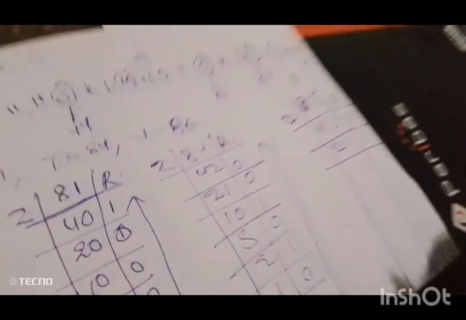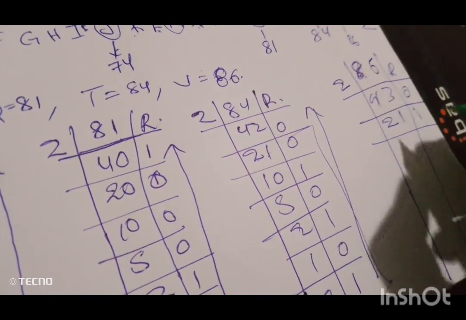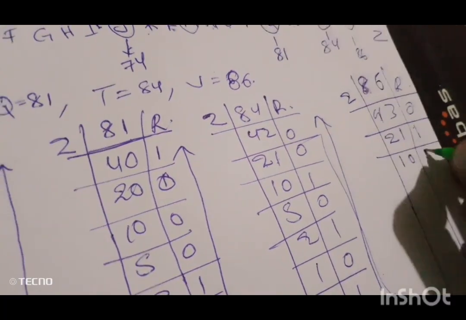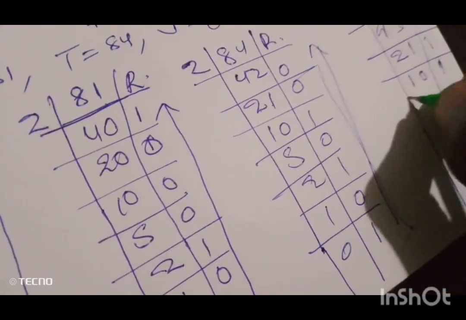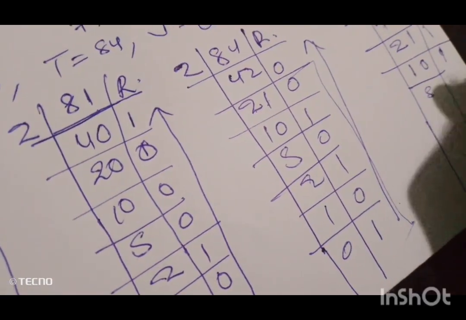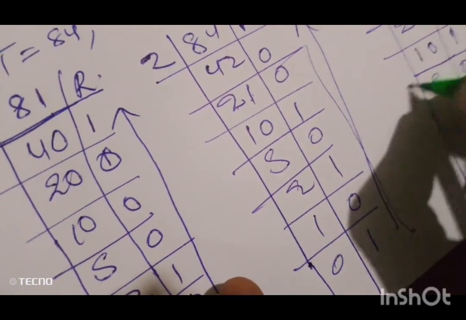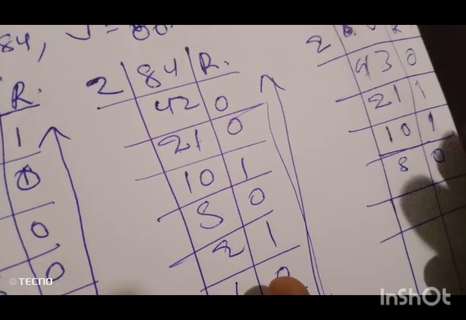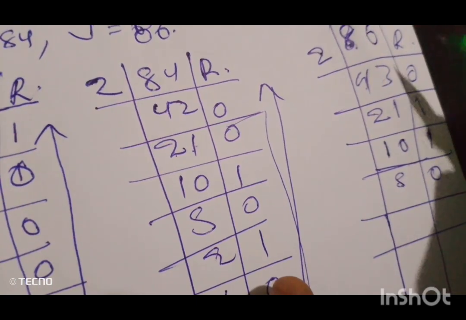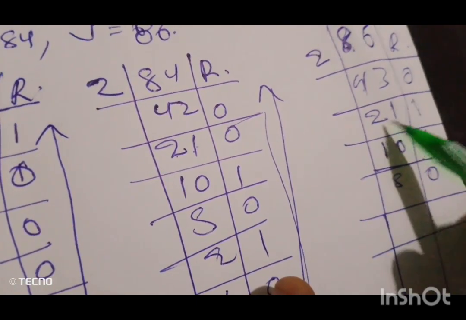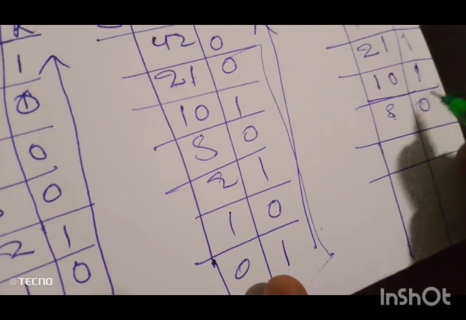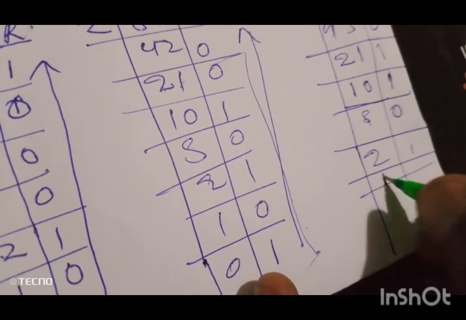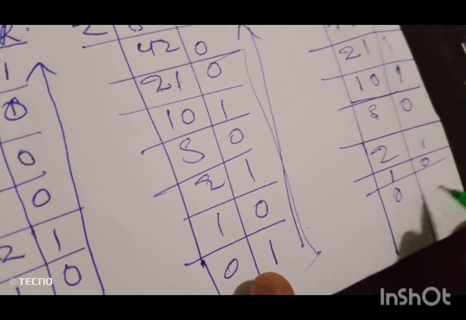It's the same thing. 2 into 22 is 1, meaning 2 into 1 can't, so 0, remainder 1, as I did earlier. 2 into 10 is 5, remainder 0. 2 into 5 goes about 2 times, remainder 1. 2 into 2 goes about 1 time, remainder 0. 2 into 1 is 0, remainder 1.